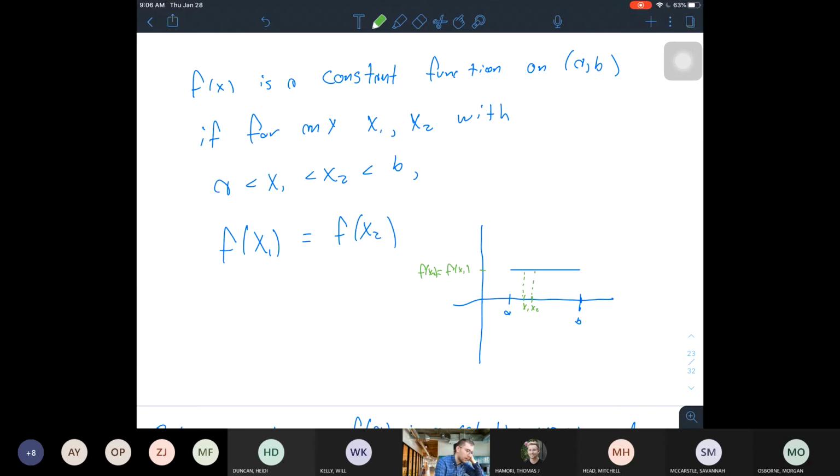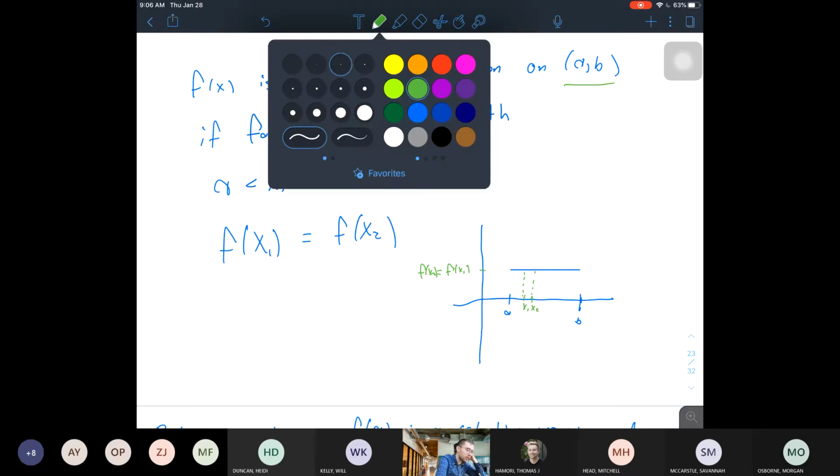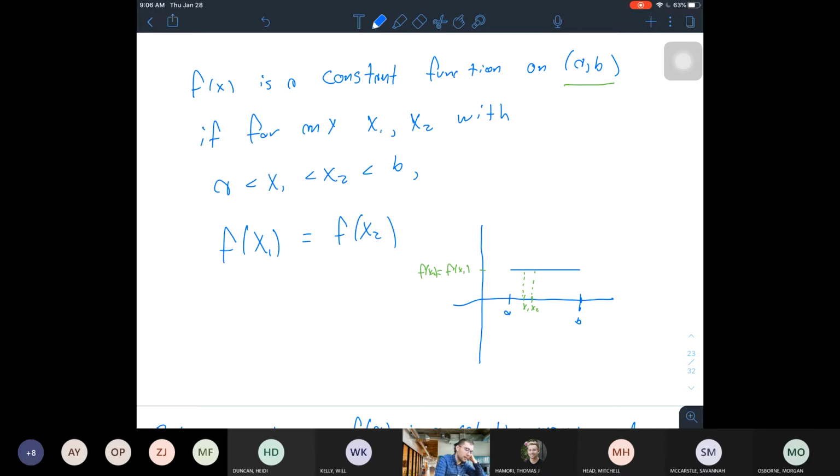Now, one thing that I do want to point out about these properties is they're what we call local properties. When I say that something is a local property, what I mean is that f of x is a constant function on a, b. So f of x might be a function which looks something really crazy elsewhere. It could look like this.